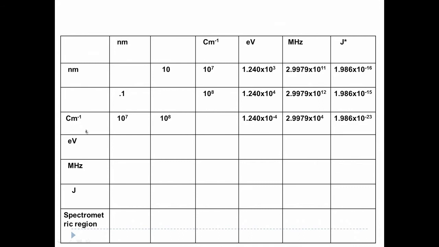Here it is nanometer and centimeters inverse, and if you want to convert nanometers into centimeters inverse, it will be 10 raised to 7, and so many nanometers would also convert into 1.240. These are mainly used for interconversion of the radiation into energy and vice versa. If I know the electron volts, I can convert it into the wavelength, etc., and other units of energy.